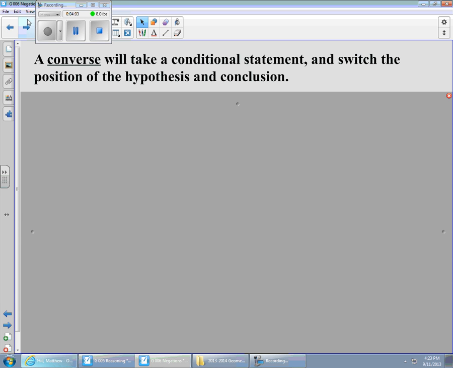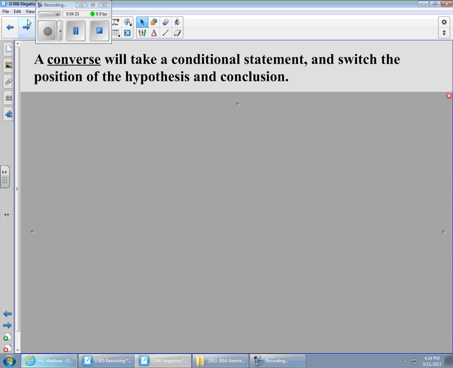Okay, the first negation we're going to look at, and there are three, is called a converse. What a converse does is it takes the conditional statement and switches the positioning of the hypothesis and conclusion. Now remember, the hypothesis is the information that's associated with the word if. It doesn't mean the word if, it's the information that's connected to if, something that is observed, and then you have a conclusion.